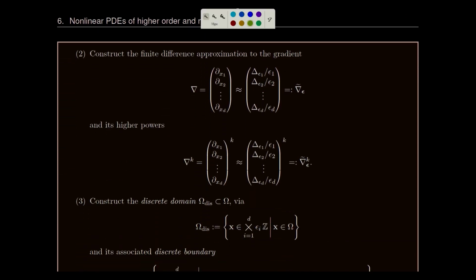So in step 2, you can approximate your gradient, which is a partial derivative in each of the d directions. What I'm writing here is a tilde over the gradient, because it looks like an approximation symbol.